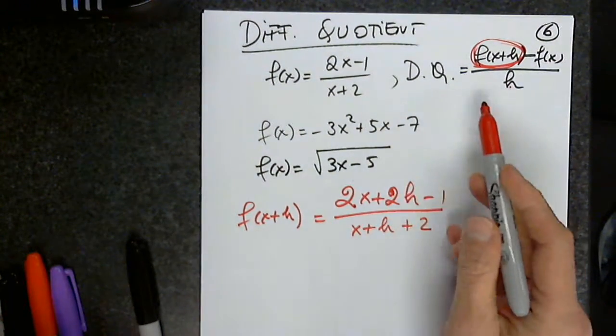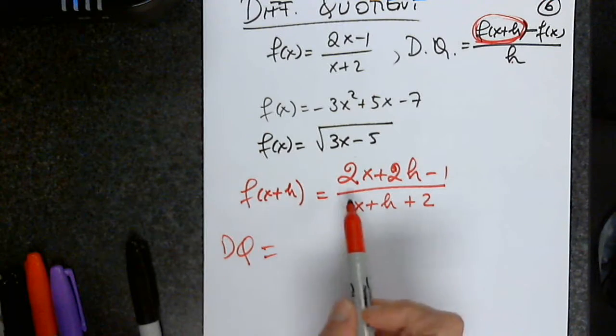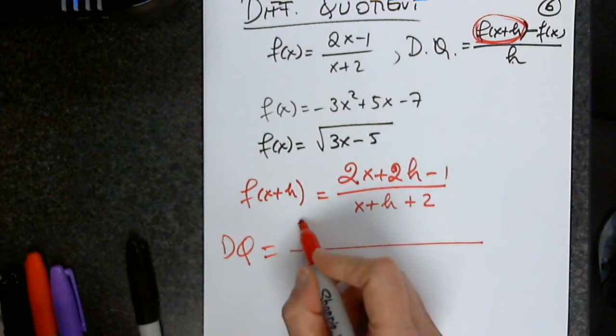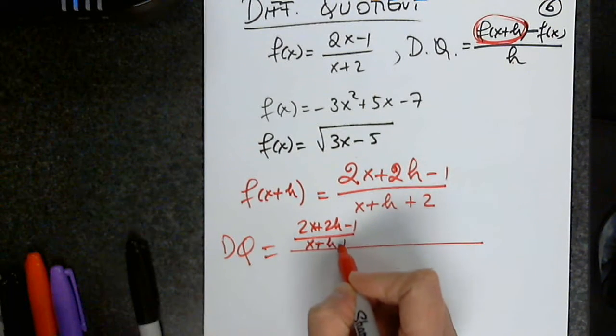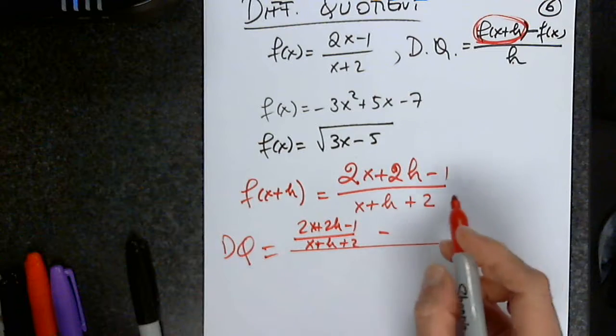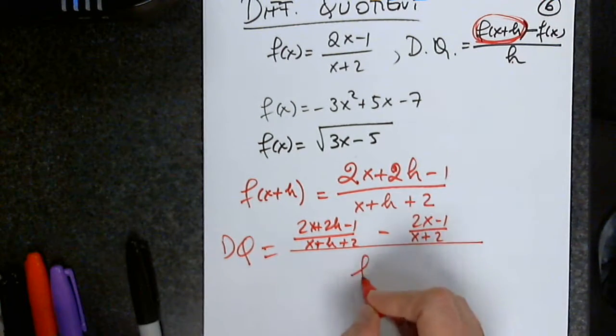Okay, so I have this piece now, so the difference quotient for this function would be 2x plus 2h minus 1 over x plus h plus 2 minus 2x minus 1 over x plus 2, divided by h.